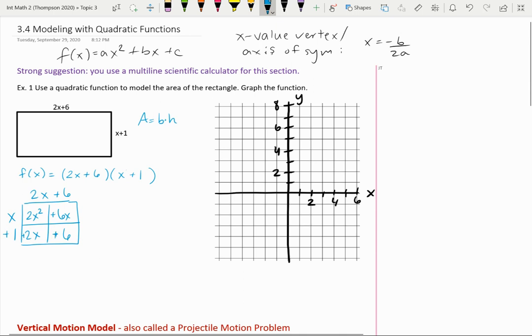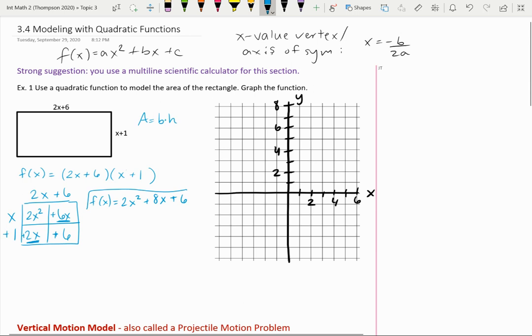One thing I do like about the box is a lot of times your like terms are going to be on this diagonal here. So when I add these together, I get f of x equals the 2x squared, and then 6x plus 2x gives me the 8x, and then plus 6 at the end.